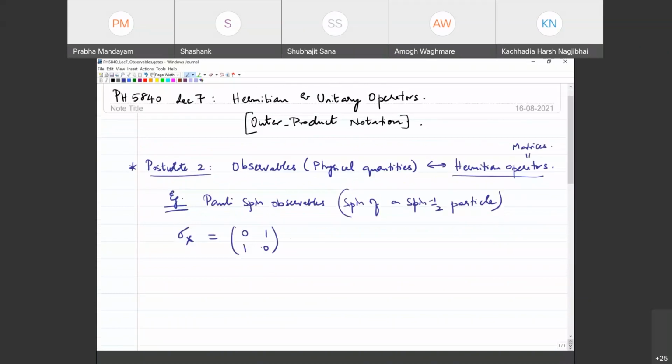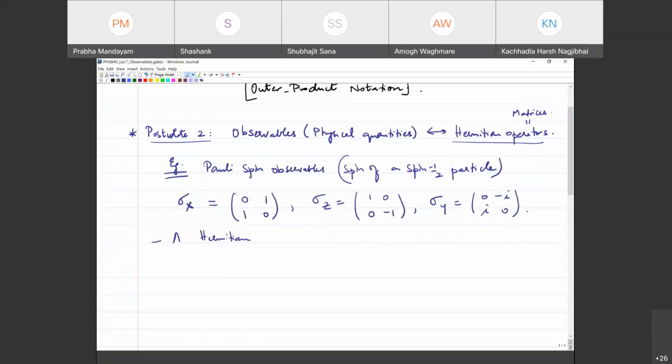And then we looked at sigma z and sigma y, right? So these are 3 matrices which are all Hermitian, and they correspond to spin along different directions, right?